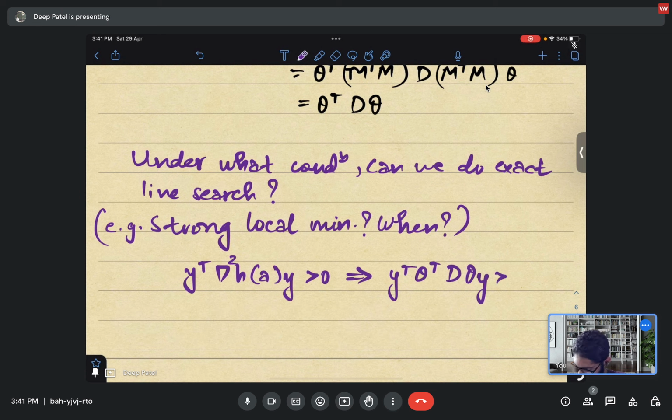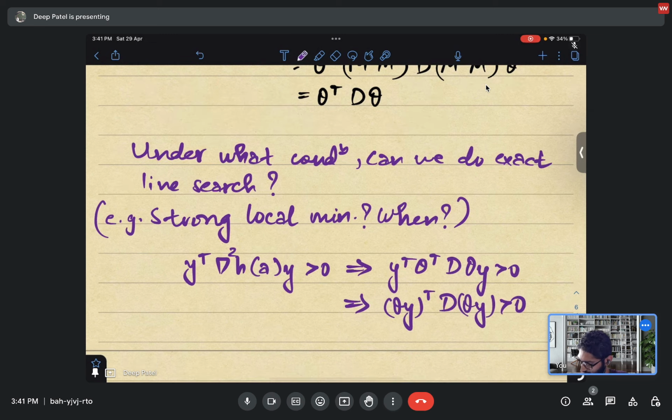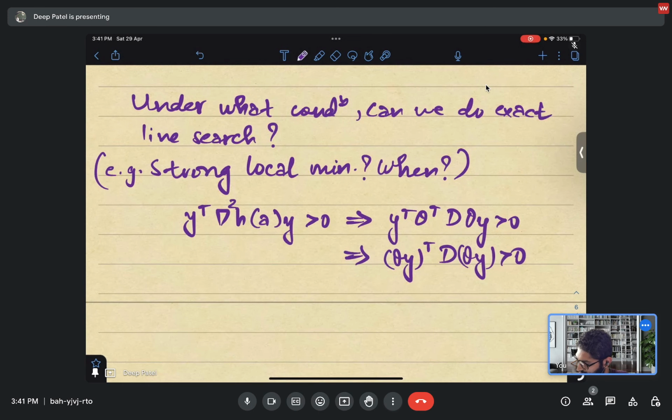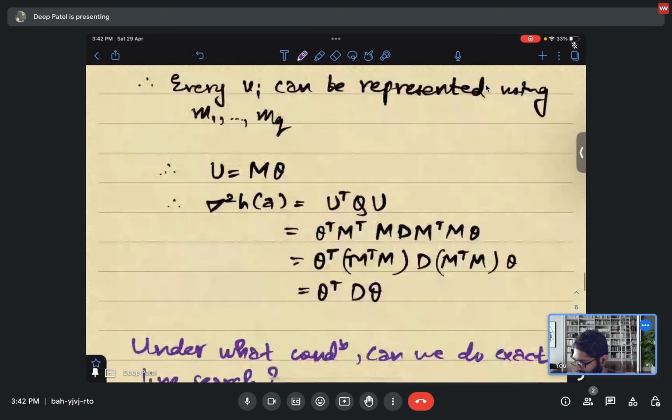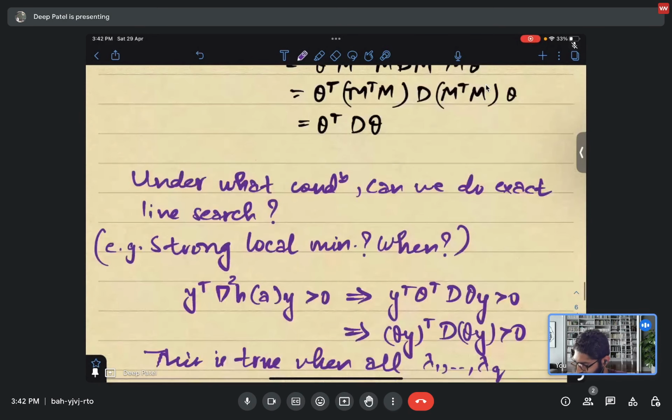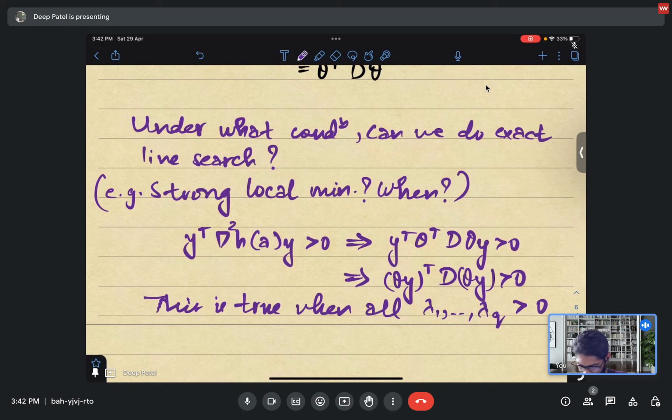So again, I'm just continuing with the algebra that we've already done. So this is true, and all lambda 1 to lambda q are greater than 0.